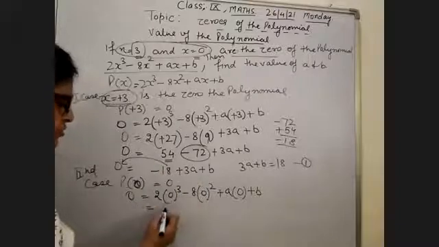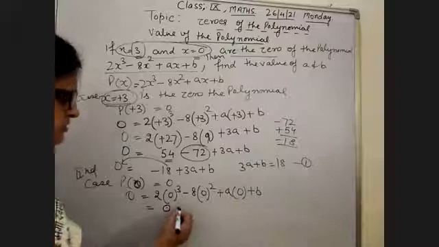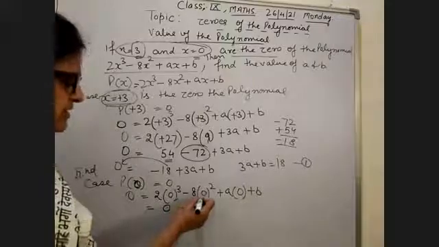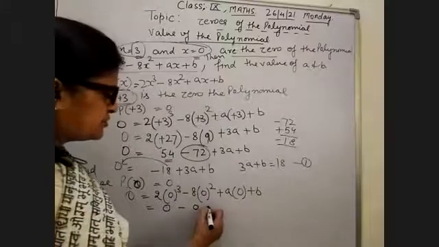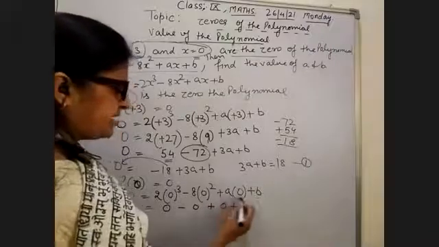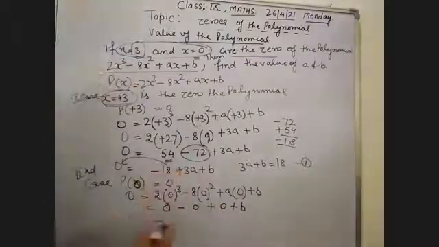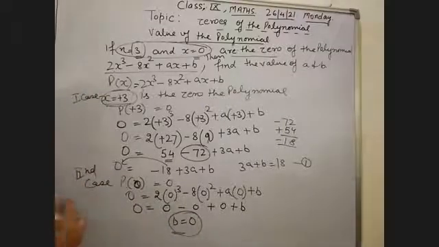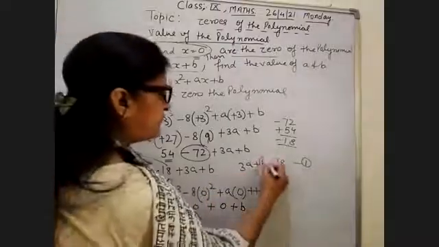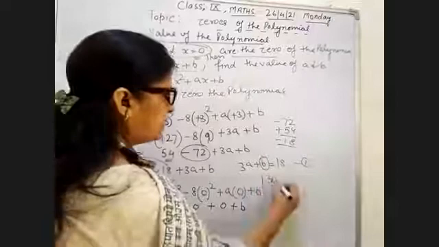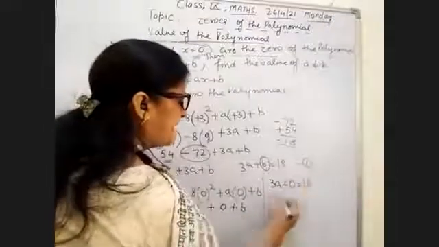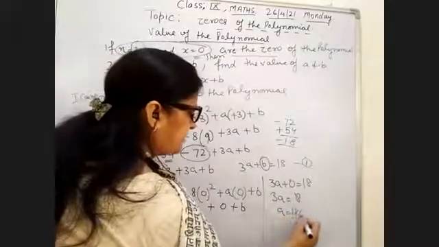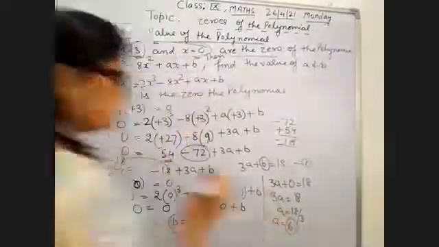So 0 cube means 0, and 2 multiplied by 0 is also 0, and 0 square is also 0, while minus 8 multiplied by 0 is also 0, plus a multiplied by 0 is also 0. Then b equal to 0. The value of b is equal to 0. And we put the value b equal to 0 and we get the value of a equal to 18 divided by 3, a equal to 6.